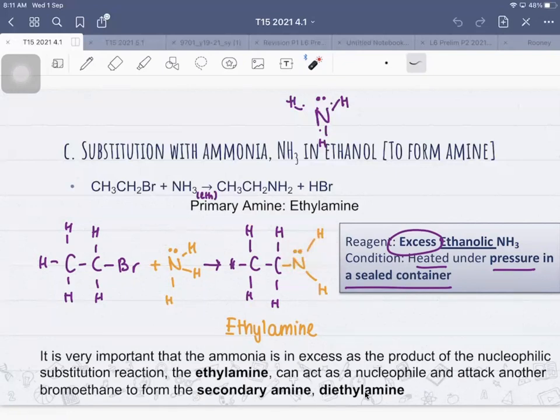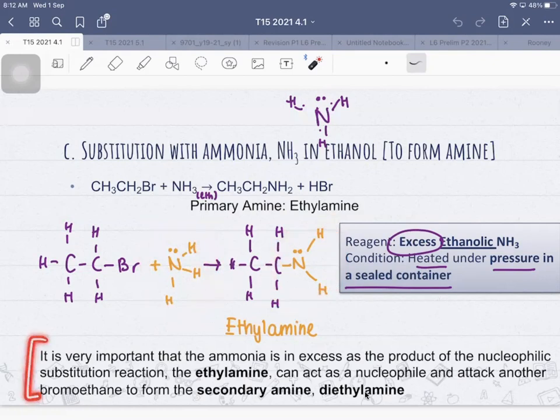Imagine if you have another molecule of halogenoalkane here, this lone pair can be donated to the slightly positive carbon of another halogenoalkane. That's why we want to make sure that ammonia is in excess, so that the amine doesn't have the chance to attack your halogenoalkanes, right?